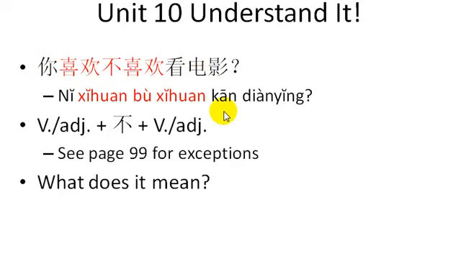So, to learn more about this construction here, where it's verb or adjective plus 不 plus verb or adjective, please go and see page 99 and spend some time on that page, soaking in the information there. But regardless of that, you should be able to know the meaning of this. So let's go take a look.